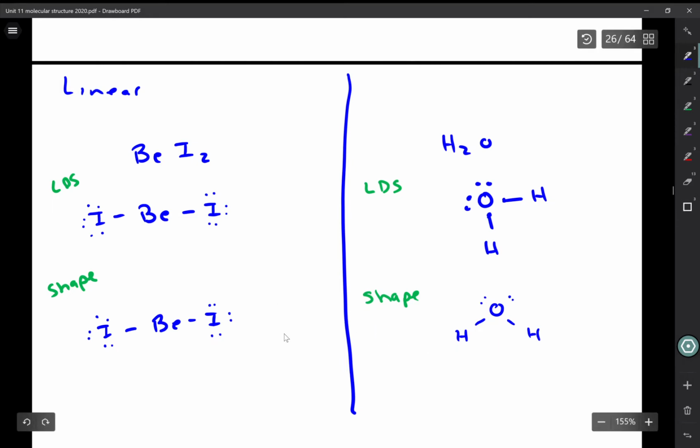So that's the difference between linear and this shape, which is called angular or bent, whichever one you want to say. So it's angular or bent, that's the shape of the molecule. The main difference is the unshared pairs of electrons. Without them, it's linear. With them, it is angular.